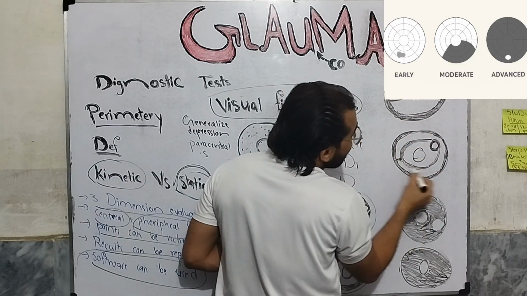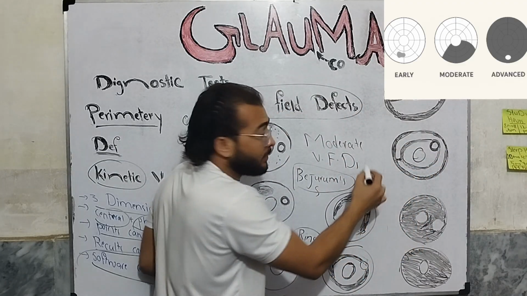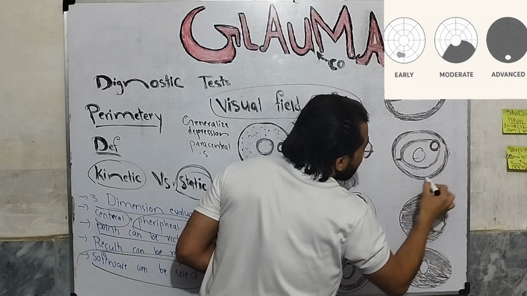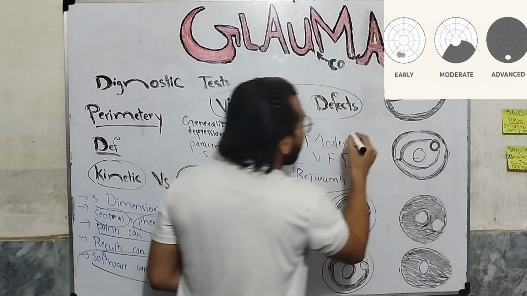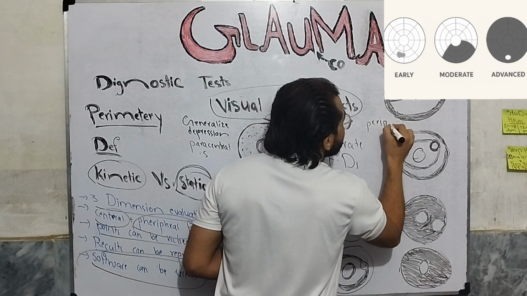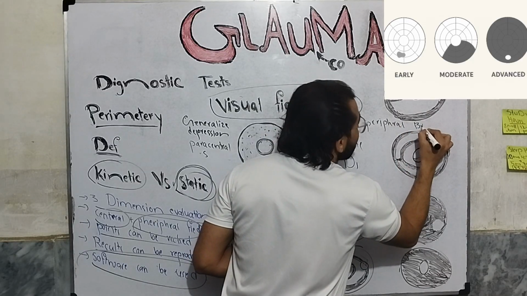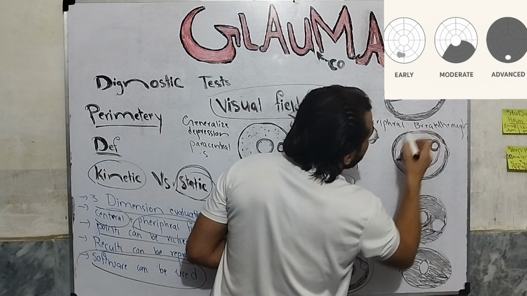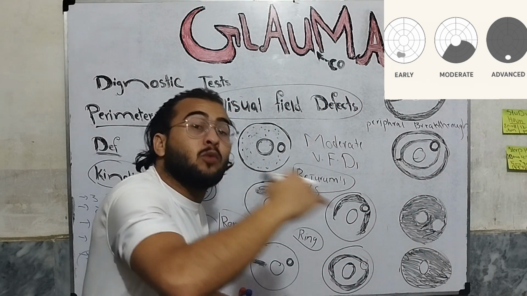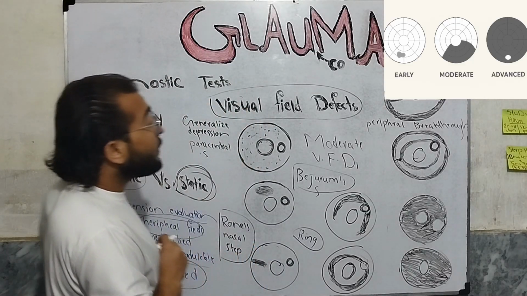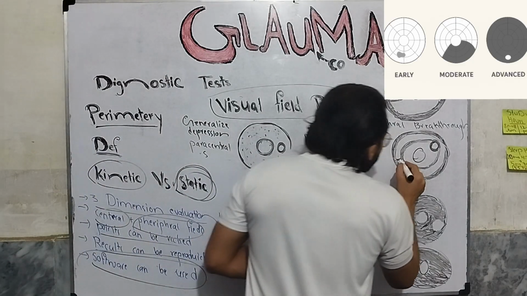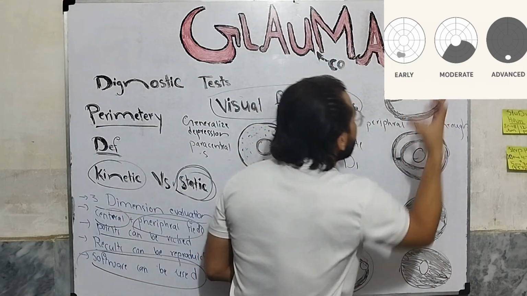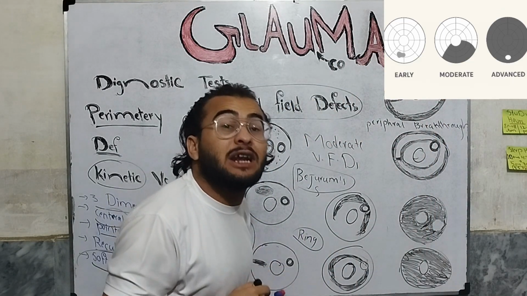This defect, the double arcuate scotoma extending through the temporal wedge to the peripheral field, is called peripheral breakthrough. So these were the Bjerrum scotoma, the ring scotoma, peripheral depression and peripheral breakthrough. These are the moderate visual field defects.